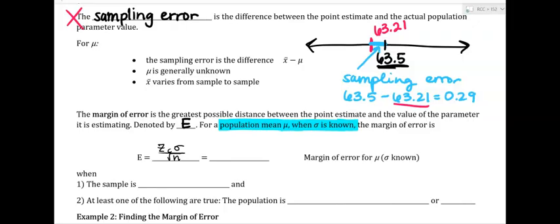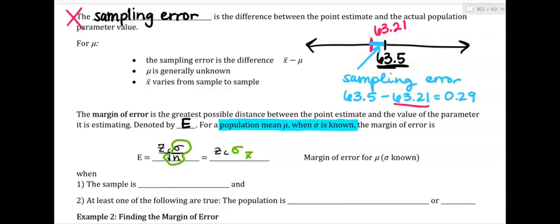You may also notice that this sigma divided by the square root of n part hopefully looks familiar, because that is sigma sub x bar from when we used the central limit theorem. The central limit theorem is what told us that these different sample means are normally distributed, which is exactly what we are working with.